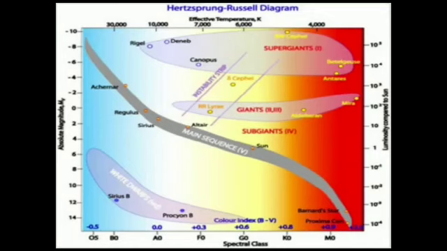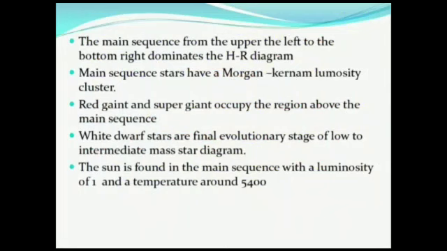The three main regions in the HR diagram. The main sequence, stretching from the upper left to the bottom right, dominates the HR diagram. It is here that stars spend about 90% of their lives burning hydrogen into helium in their cores. Red giant and supergiant stars occupy the region above the main sequence.